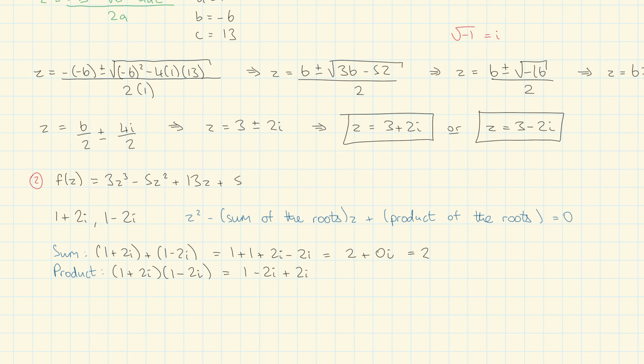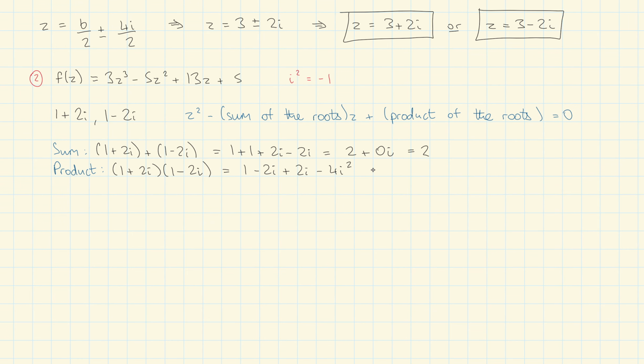Plus 2i by 1 is plus 2i. And then we get minus 4i squared. We know that i squared equals minus 1. So a bit of tidying up. Minus 2i plus 2i is 0. Minus 4 times minus 1, so that's 1 plus 4 is equal to 5.